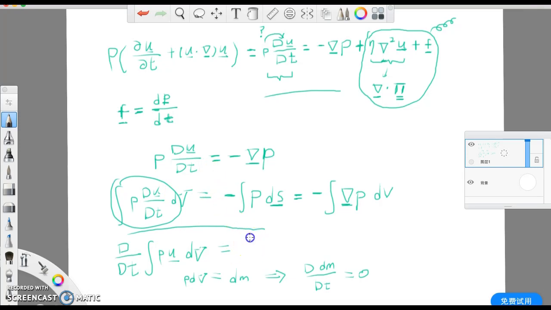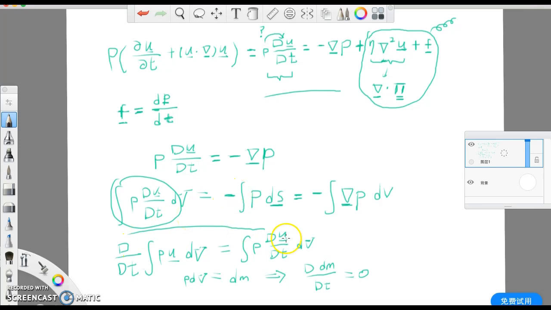This is equal to the integral of rho du/dt dV, right? So in fact, this is not a simplification, but rather derived from the most general case that we can think of.